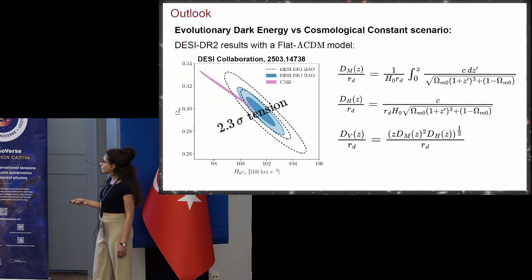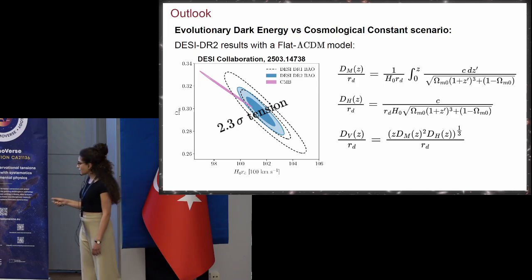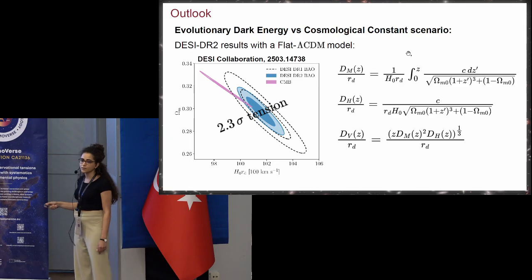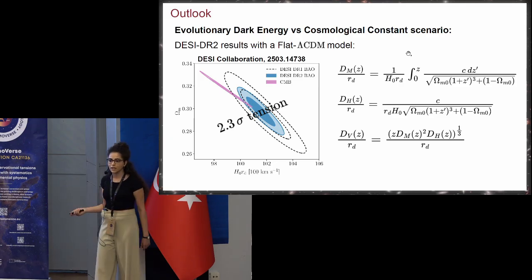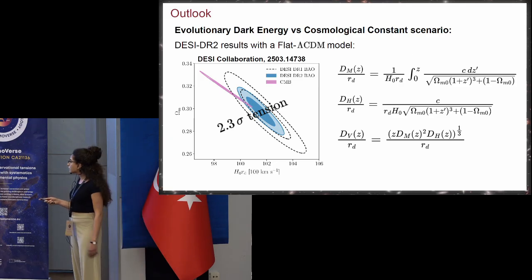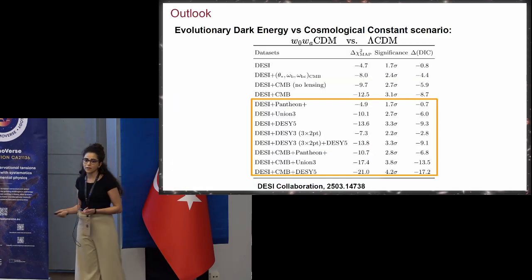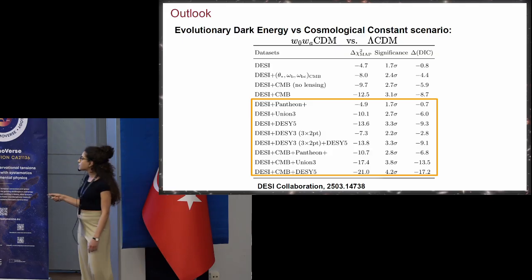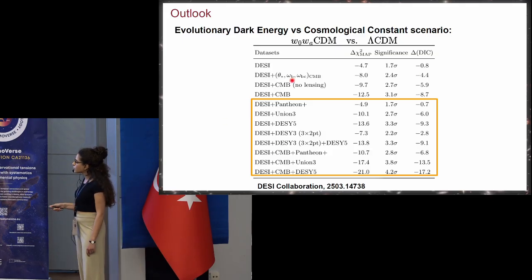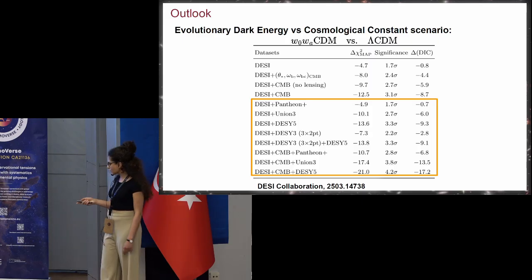Coming back to these results, we know that this tension can be alleviated for the first time with an evolutionary dark energy scenario. Moreover, we see that for the first time, an evolutionary dark energy scenario is preferred both with only DESI and type 1a supernovae, and also with DESI plus CMB plus supernovae.